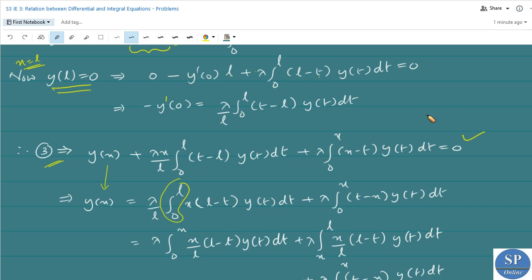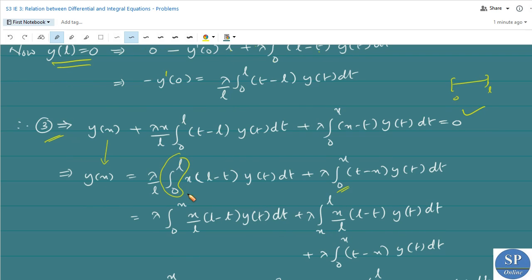Here the interval is 0 to L, that is, t varies from 0 to L. We are splitting it at x, into 0 to x and x to L. So we can split the integral 0 to L as the integral 0 to x plus the integral x to L. So this is equal to lambda into the integral 0 to x of x by L, taking this L inside the integral, plus lambda into the integral x to L, plus this term, lambda into the integral 0 to x of (t minus x) into y of t dt. Now we can combine these two terms.